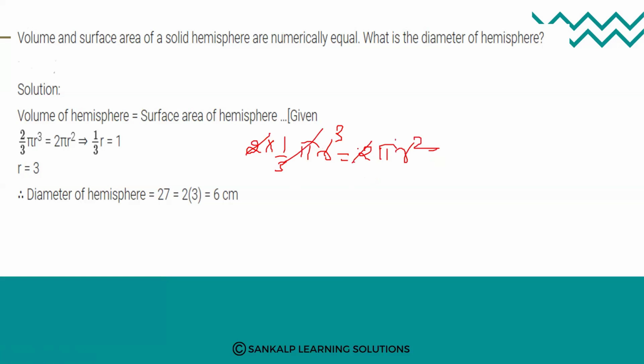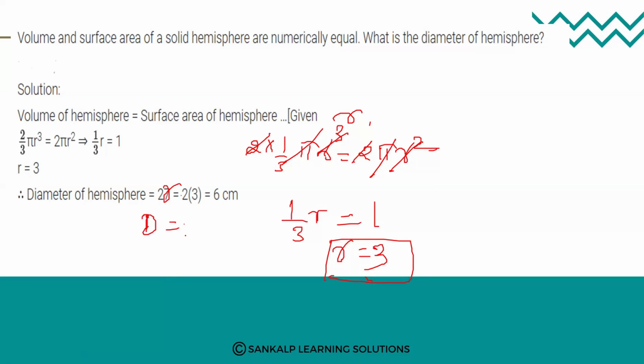Pi and pi will get cancelled. Here r cube is there, r square is there. So 1 r will remain. So 1 by 3 into r is equal to 1. So now transfer this 3 to this side, then r is equal to 3. Now the diameter of the hemisphere is 2r. Diameter means it is 2r, right? So diameter D is equal to 2r. Here r is 3. That means 2 into 3 is 6 centimeter.